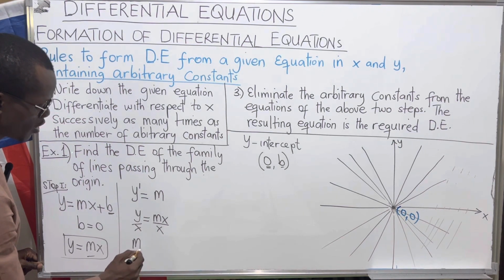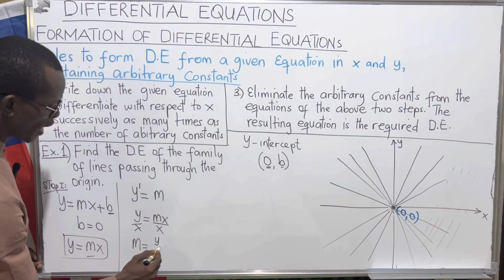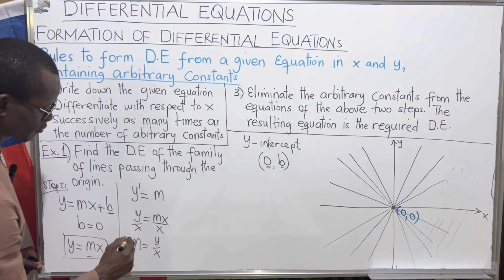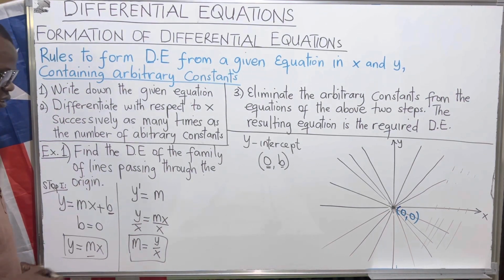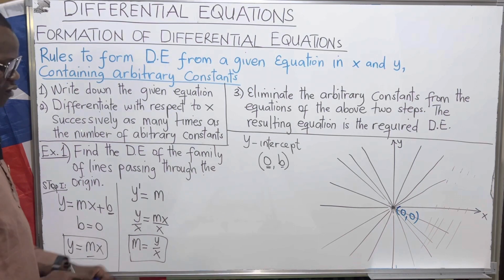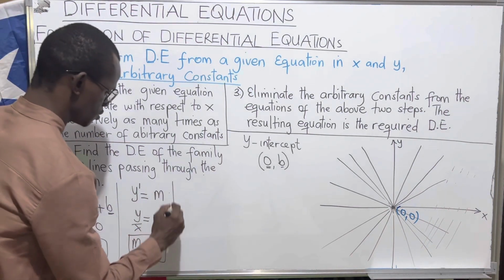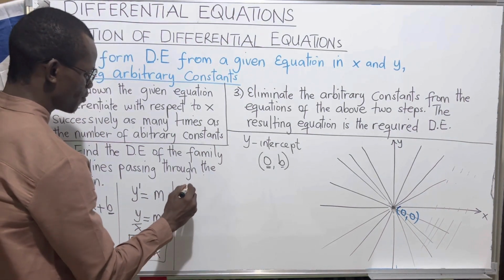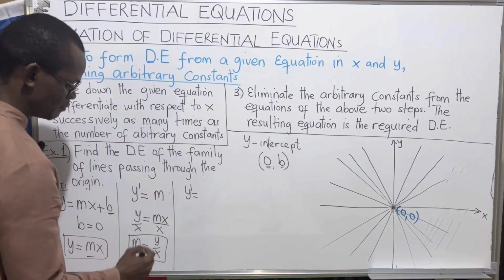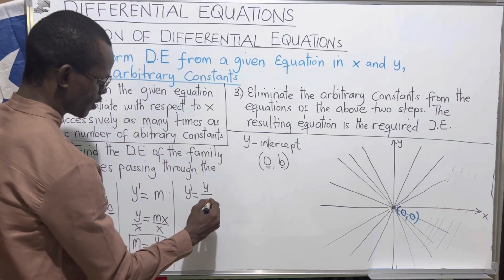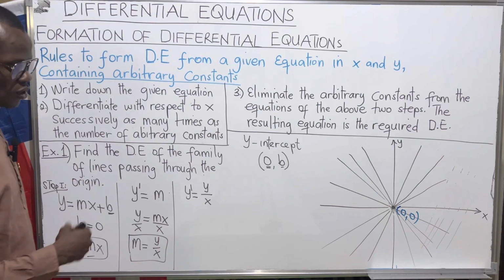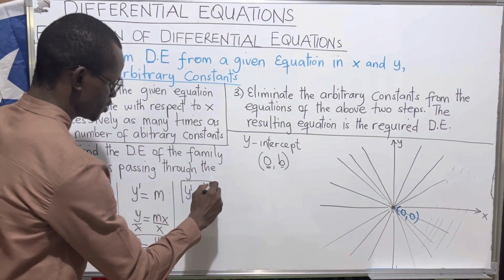So m will be equal to y over x. If m is equal to y over x, now we can substitute. So we have y prime equal to y over x. So this is our differential equation.